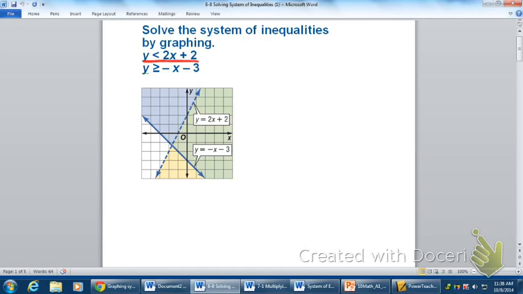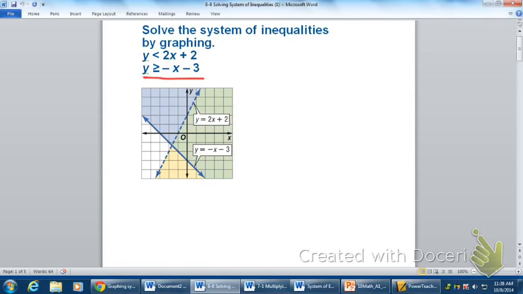Now, let's look at the second equation. First of all, they graphed out their line. It's a solid line because it is greater than or equal to.